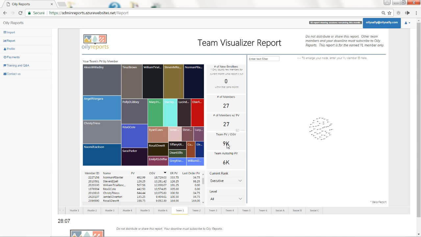The other thing that I like to look at is how many members you've got there, and what percentage of that OGV or PV is coming from AutoShip or ER. So out of executives, about 6,000 divided by 9,000, about 66%, of what they're spending is on AutoShip.